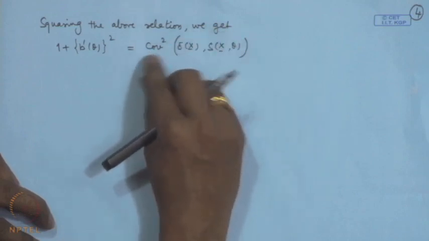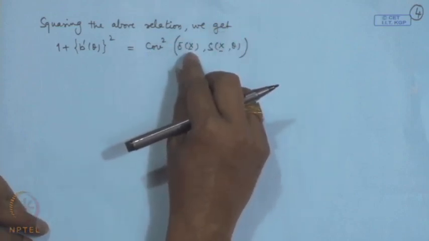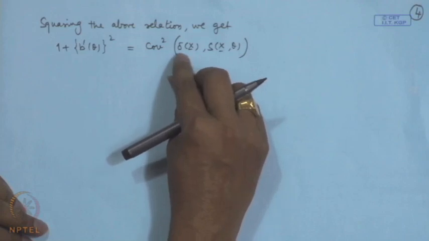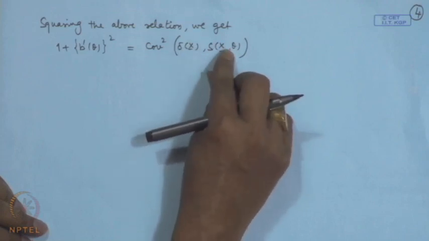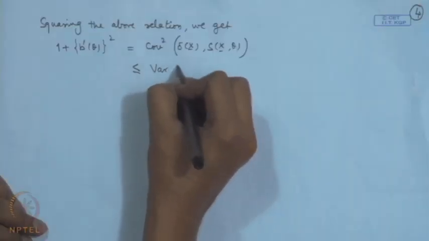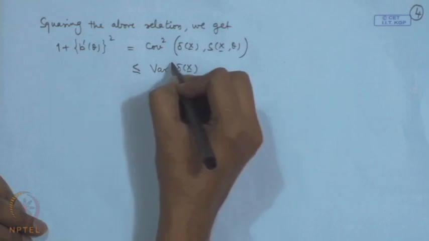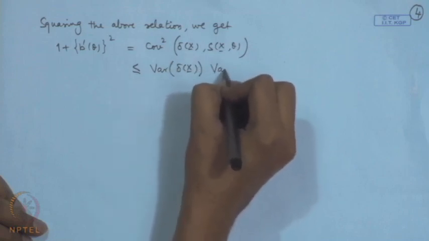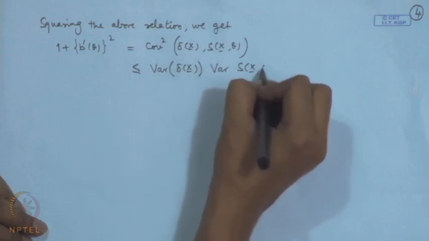Now, covariance square is less than or equal to the variance of delta x into the variance of S x theta, if we use the Cauchy-Schwarz inequality. So, this is less than or equal to variance of delta x into variance of S x theta.